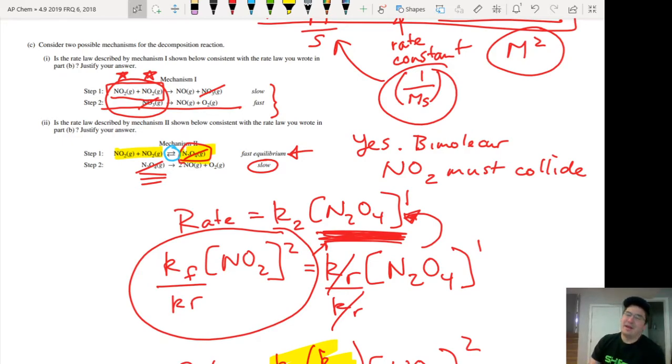Again, I don't think they're going to ask a mechanism question with only two questions in the thing, but that's it. I would say this is the most fuzzy of all the stuff that we taught this year, was mechanisms and some of the rate laws.